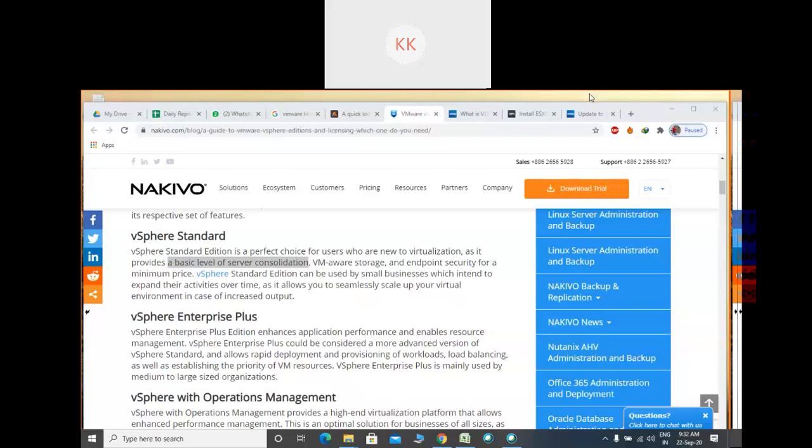So for server consolidation you can go for the Standard edition. You get VMware storage and endpoint security for a minimum price. One of the further benefits of this one is that the pricing is much lower.